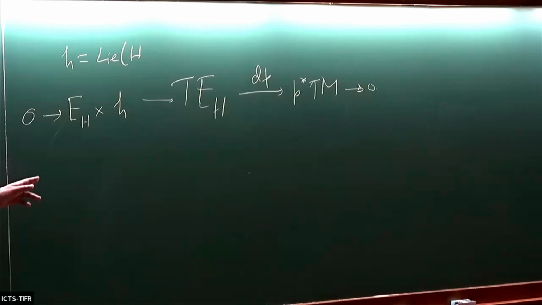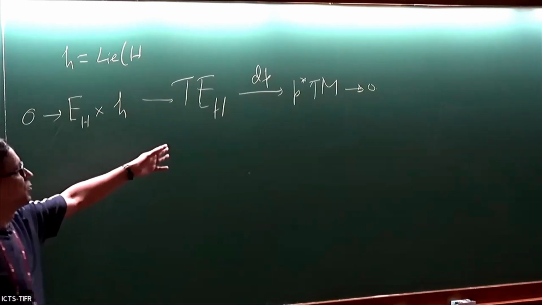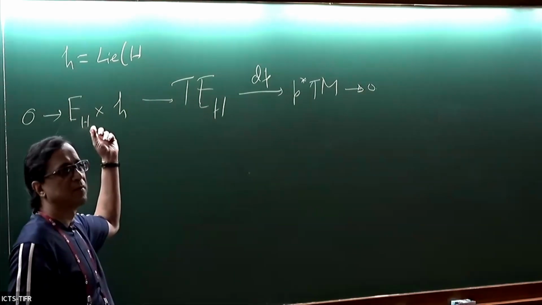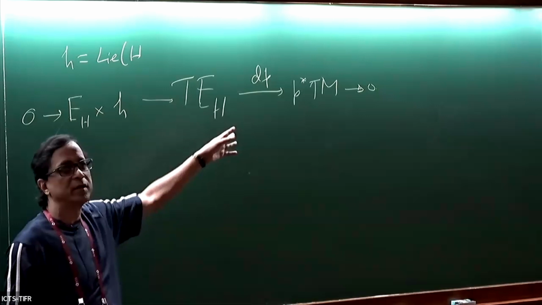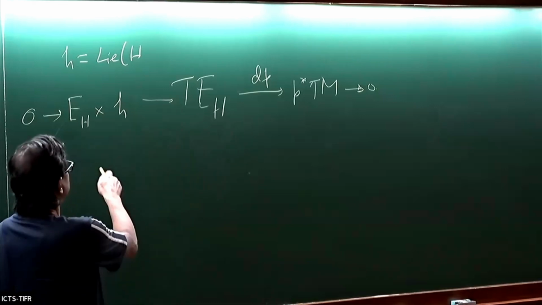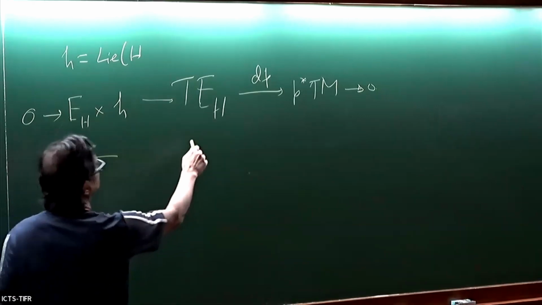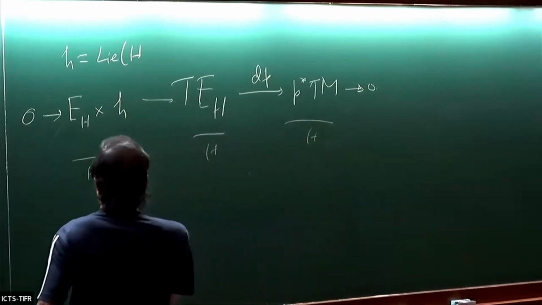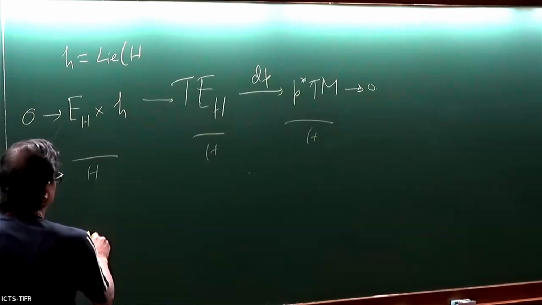Now the action of H on E_H, of course, produces an action of H on the tangent bundle. This preserves the vertical, of course, and so we can take the quotient by the action of H on all the terms. So here you get what you call the adjoint bundle.